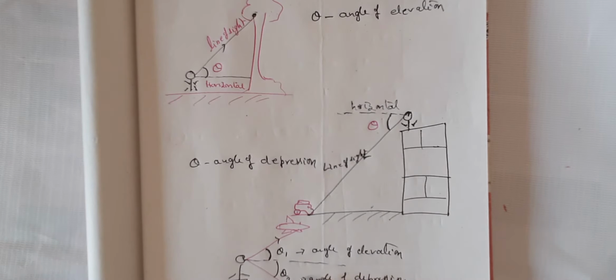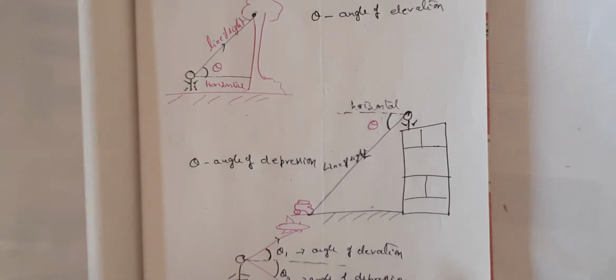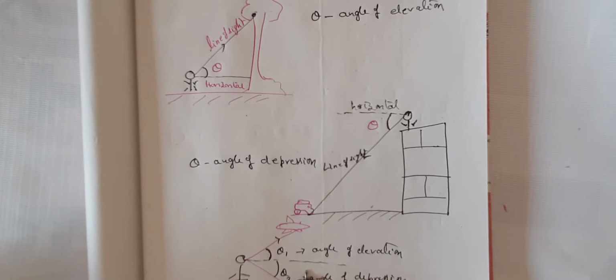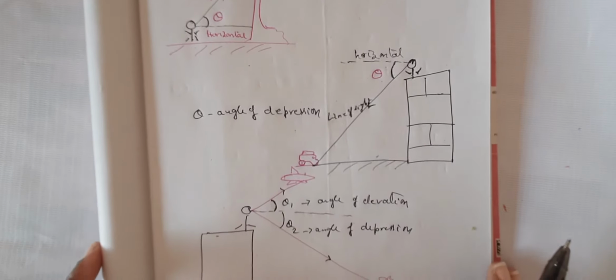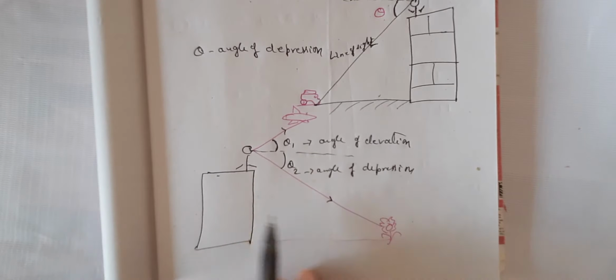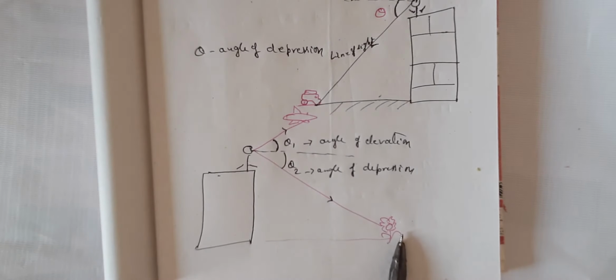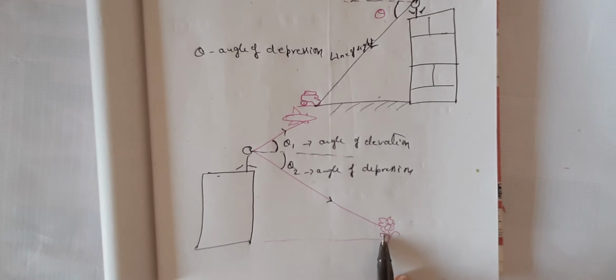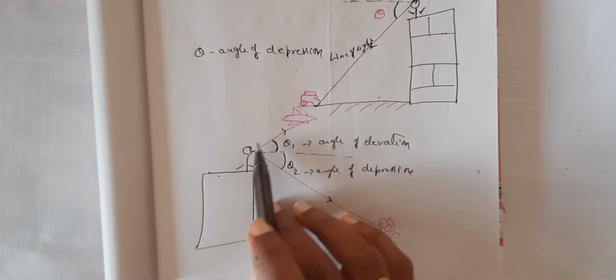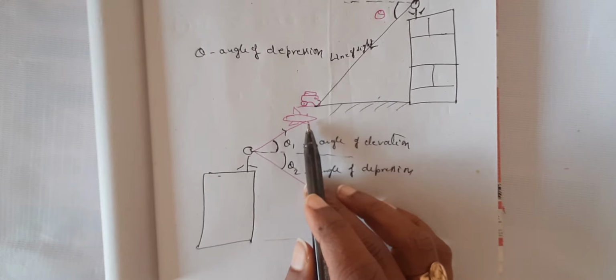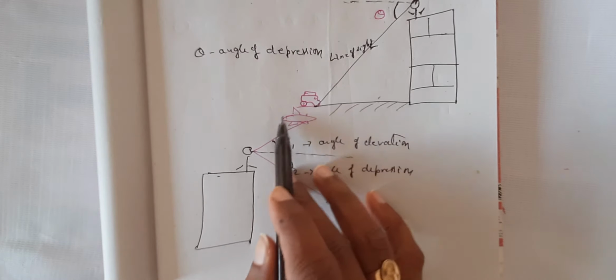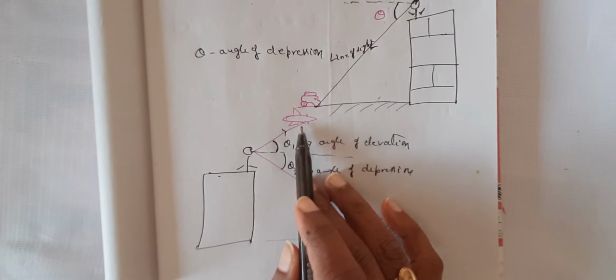So right now when you come to this one, a person is on the top of a building, and he is observing two things: here a plant, as well as, at the next moment, an aeroplane which is flying in the sky.